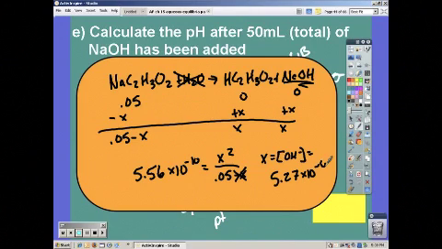So that's 5.27 times 10 to the negative 6. So pOH is 5.27, which makes our pH 8.72. So we're left with a weak base, so at the equivalence point, our pH is greater than 7.